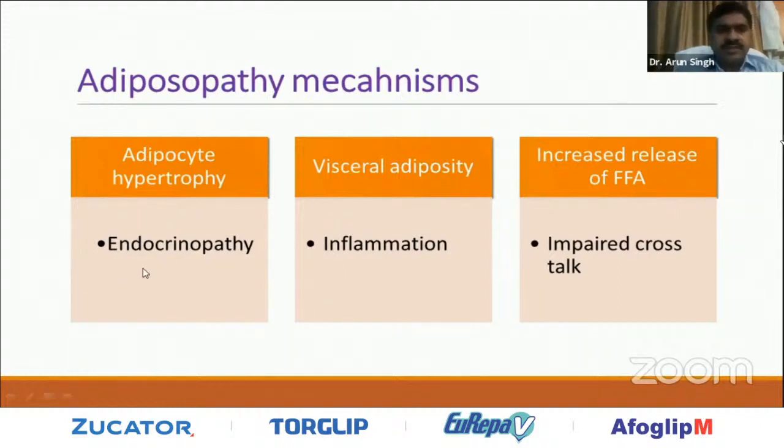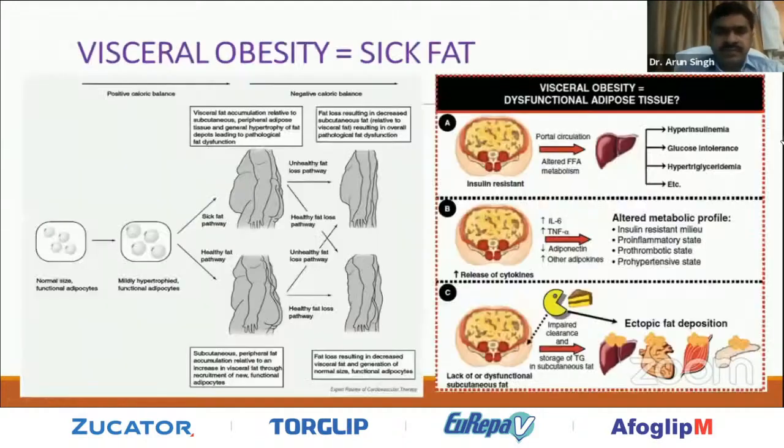These are different pathways understood to play a role in metabolic abnormalities: excess adipocyte hypertrophy, then deposition of fat in the visceral adipose tissue, the active adipose tissue in viscera, leading to increased release of free fatty acids, which get deposited into other viscera and tissues which are not supposed to store fat. Then various hormones, interleukins and inflammatory markers play a role, with impaired crosstalk between the fat tissue and the different organs.